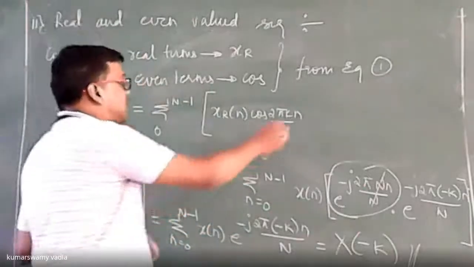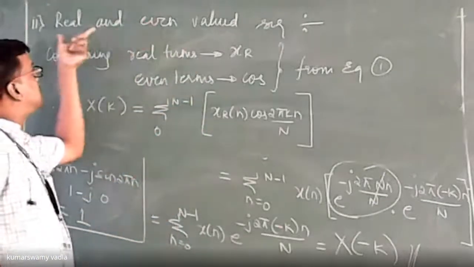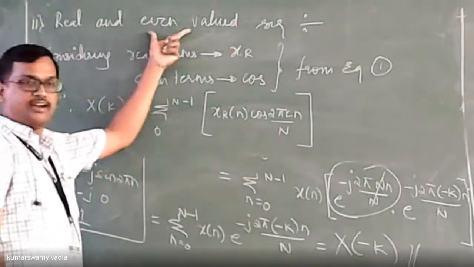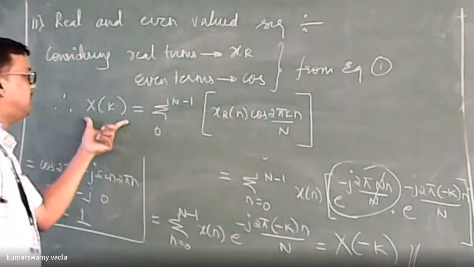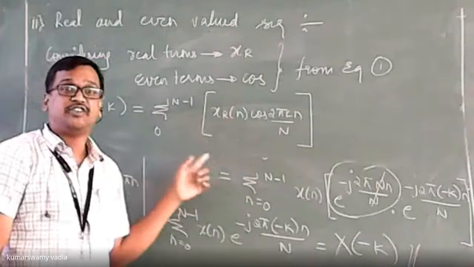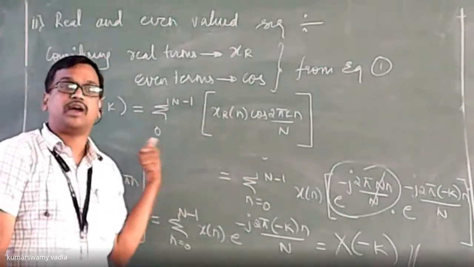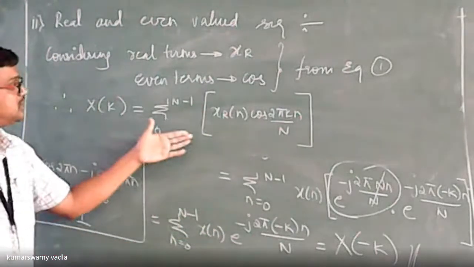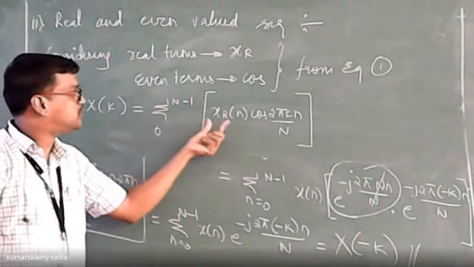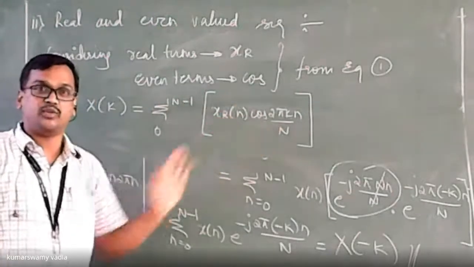Therefore, I can conclude that if the given sequence is real and even valued sequence x of n, then the DFT will be this. The definition of DFT is changed now. That is what I am convincing you past 1 hour. The equation of DFT was 0 to n minus 1, x of n e power minus j, means cosine and sine was there.